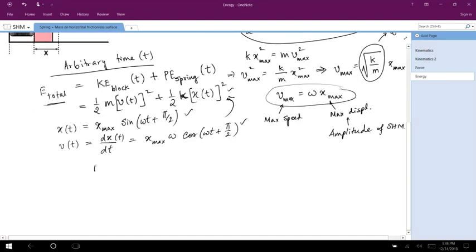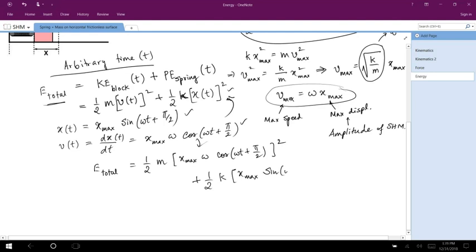So that will give us E total is equal to 1/2 mass times V, which is x max omega cosine of omega t plus pi over 2. And I'm just going to square this quantity. So that's the kinetic energy part. And then we have the potential energy part, which is half k times x max sine omega t plus pi over 2.